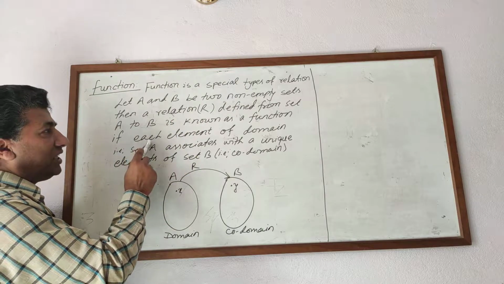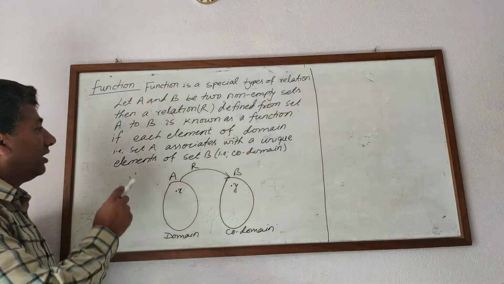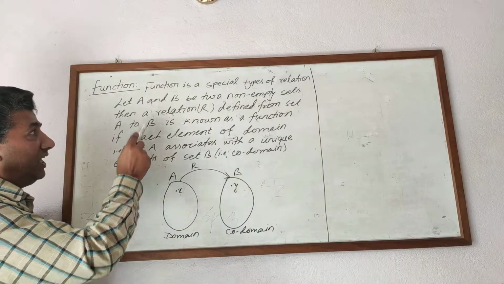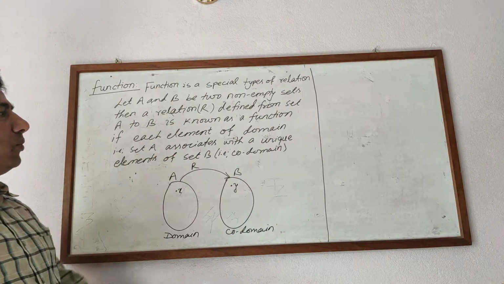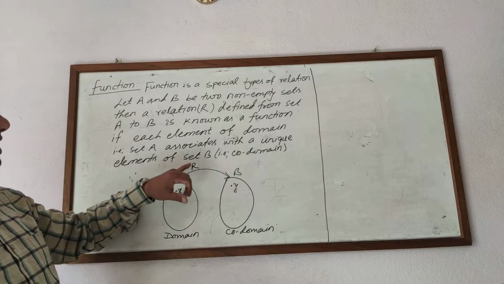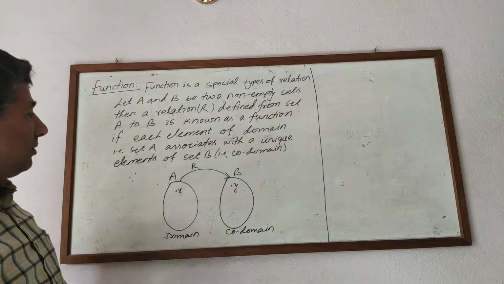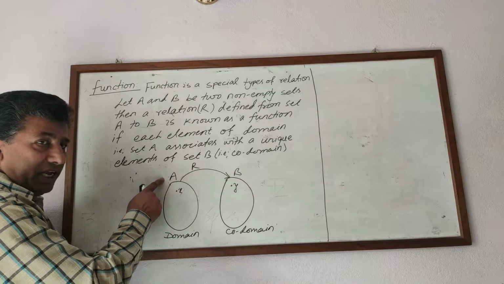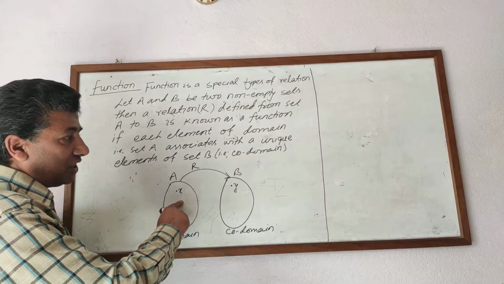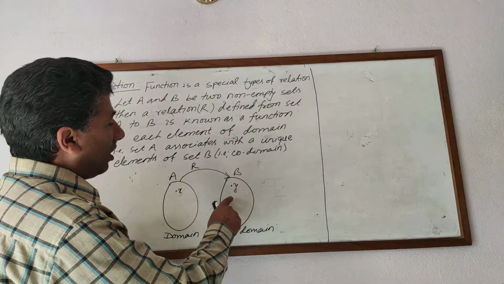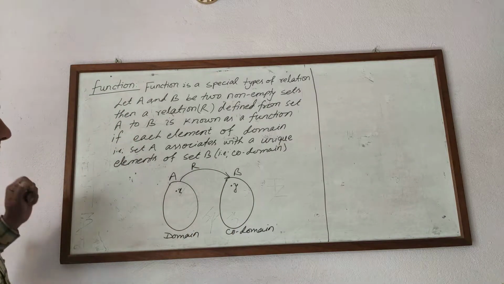If each element of domain, that is, domain means set A, associates with a unique element of set B. Now set B here is codomain. It means all the elements of set A, the domain, should associate each with a unique element of set B.